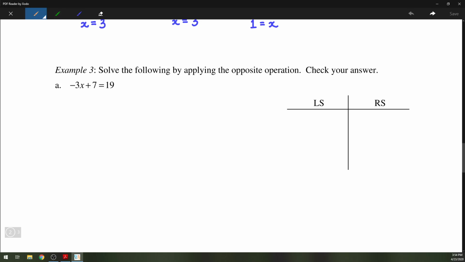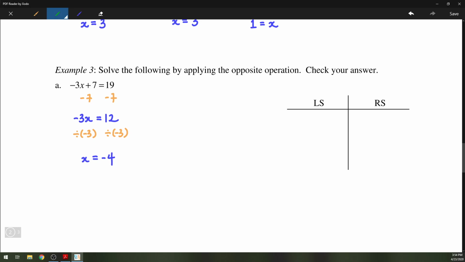So the first part, we are going to subtract 7 from both sides. So you'll be left with negative 3x is equal to 19 minus 7 is 12. And then you can divide both sides by the coefficient of negative 3. And you'll get that x in this case is equal to just negative 4.